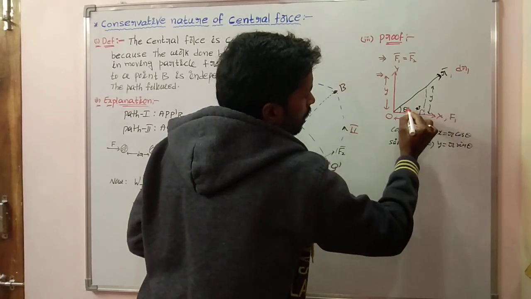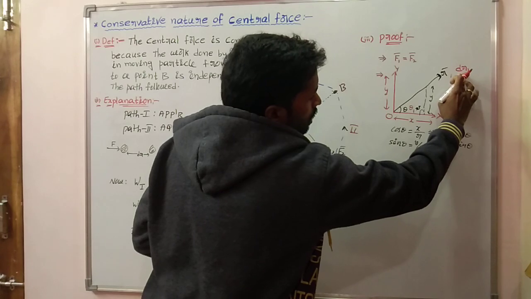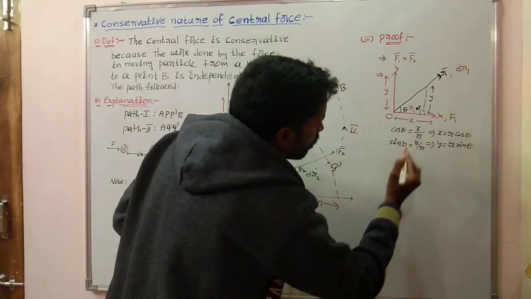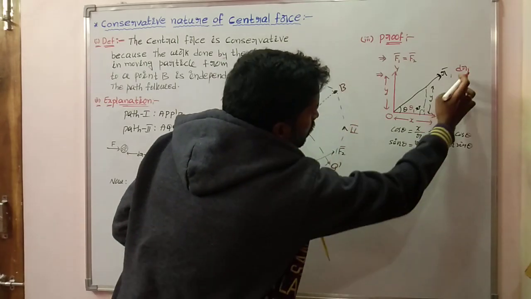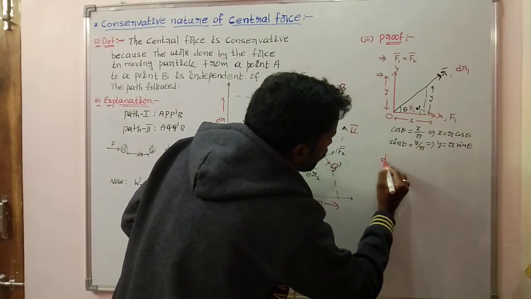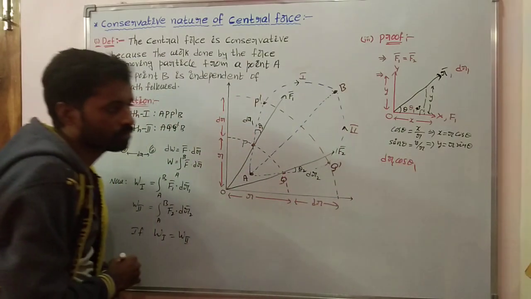What is the angle here? Theta 1. Then what is the projection of dr1 on F1? We get dr1 cos theta 1.